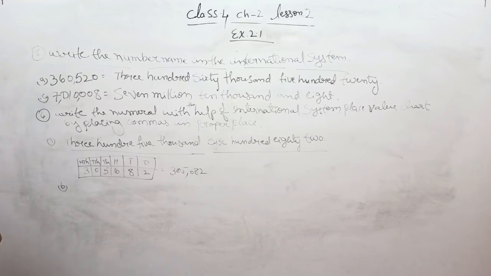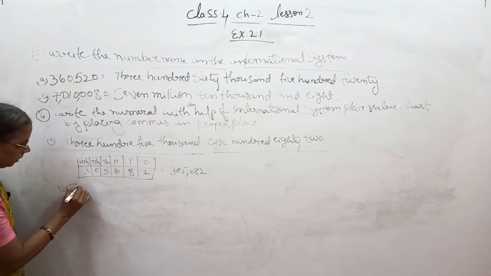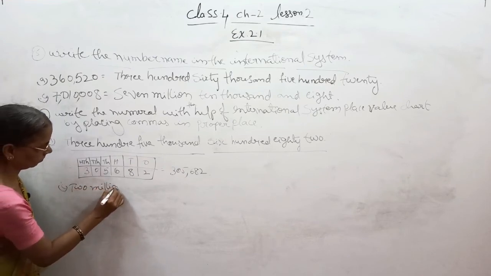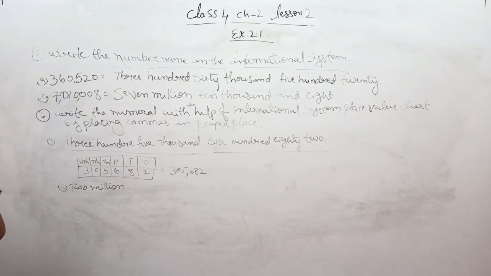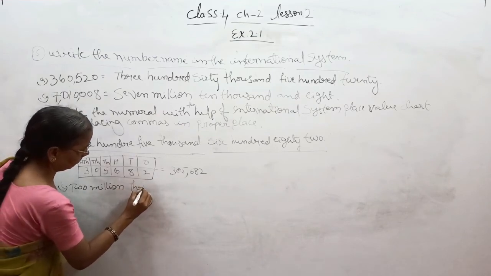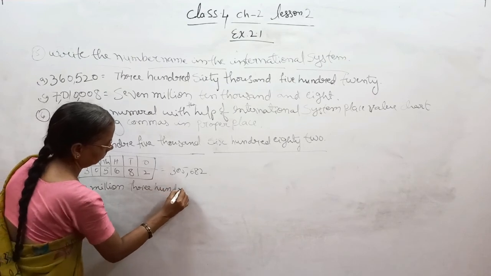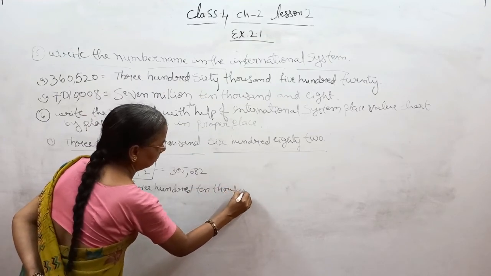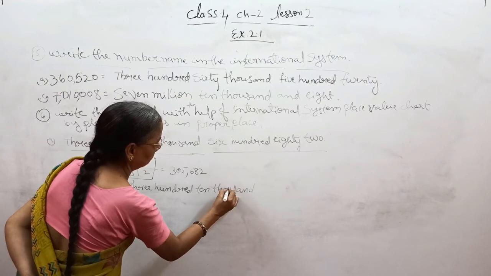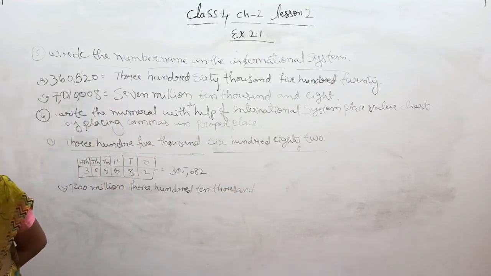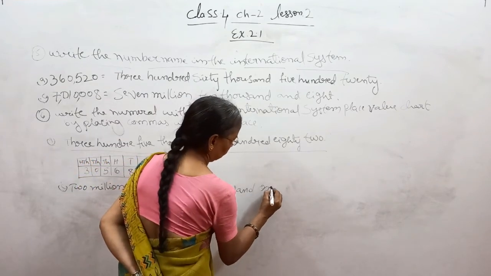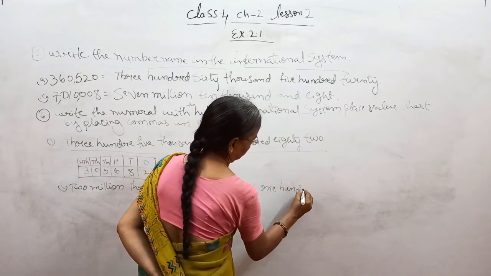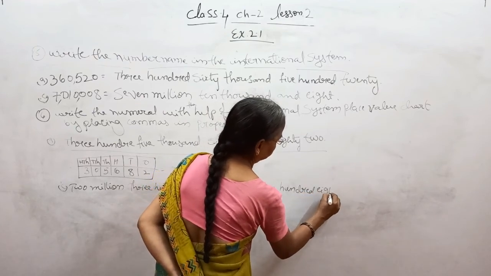Now 2,310,108. That is the third question. 2,310,108.